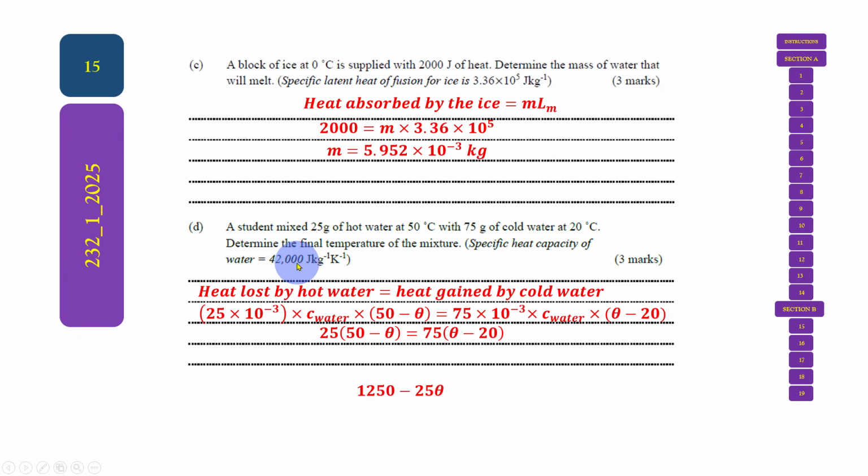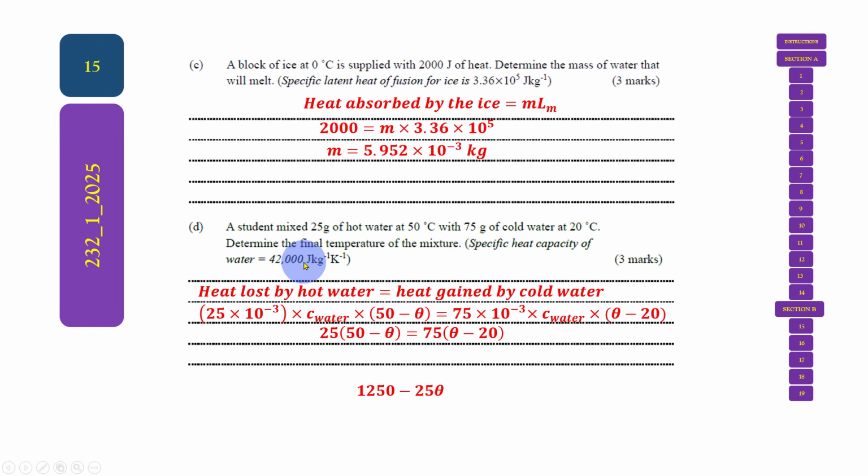In such a case where you find that the details provided in the question are not correct, you've got two options. You can go ahead and use this wrong value as provided. Your answers will simply be correct because they've told you to take the specific capacity of water to be this value.